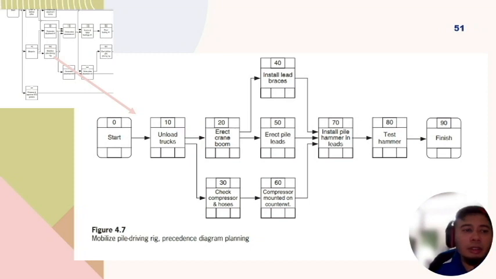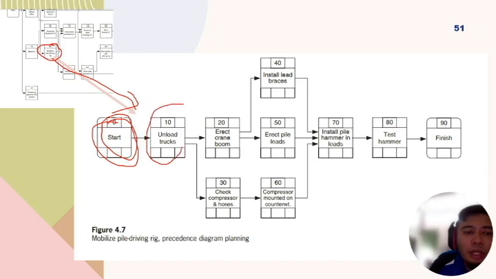For example, here you can see the mobilization of the pile driving rig. It can be broken down into a smaller network here. The task starts at task 0, and then continues with unload trucks at activity 10, and then erect crane, install braces, erect piles, and then finish.